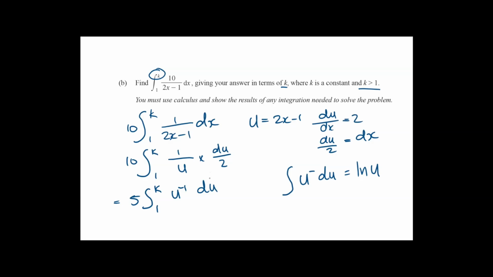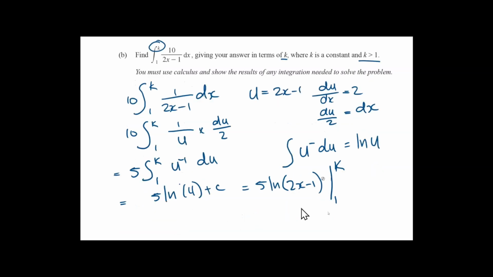So this is going to be 5 natural log u. We started with u, so we're going to go back to 5 natural log of 2x minus 1, evaluated between 1 and k.